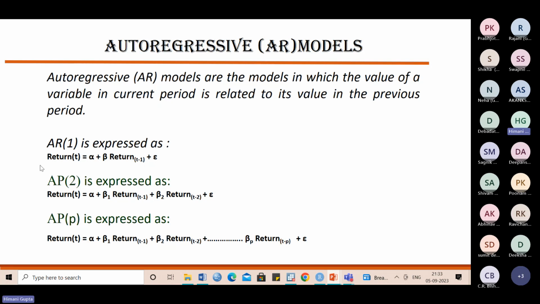This is my regression equation. This is y, the dependent variable, and return t minus 1 becomes my independent variable. But you will see that I have not taken any other variable. I am working only on a single variable. That's why your ARIMA model is known as a univariate model.